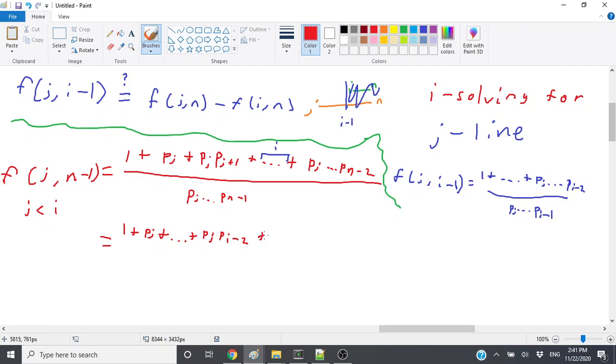And then we split that up here, and then we get pj ... and there's also dots here everywhere, kind of pi minus 1. And then this goes on until pm minus 2. It's messy to write out. All of this over pj ... pm minus 1.